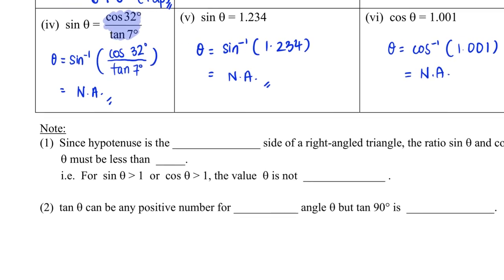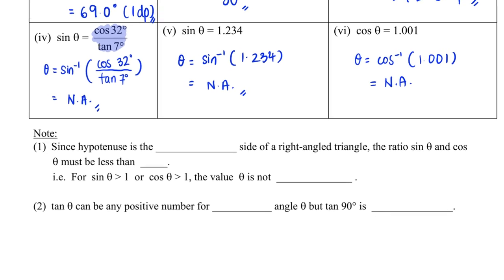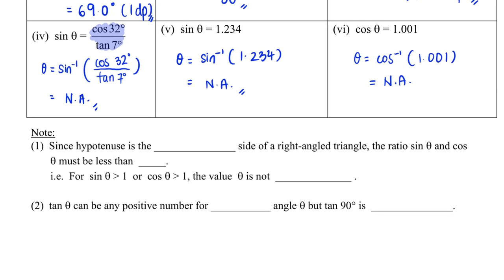If I focus on the last three examples where it returns an error message, this happens because the ratio for sine and cosine must be less than 1. When it is more than 1, what is essentially happening is that the hypotenuse is the longer side, so the sine and cosine ratio must be less than 1.